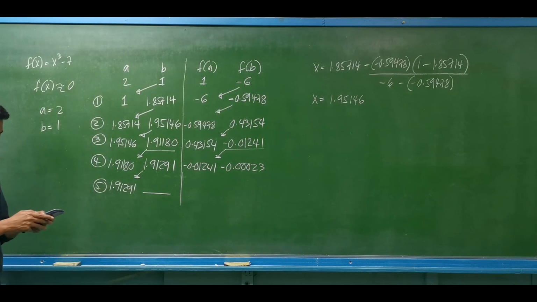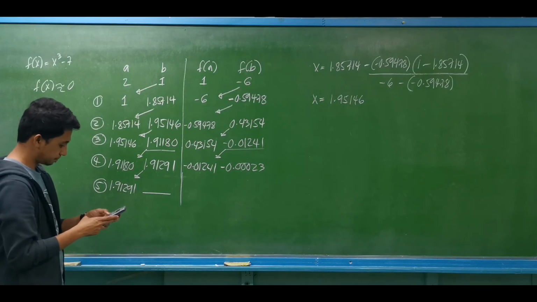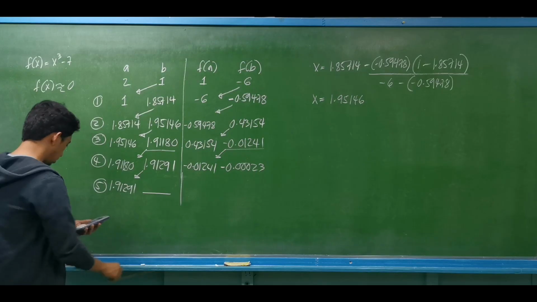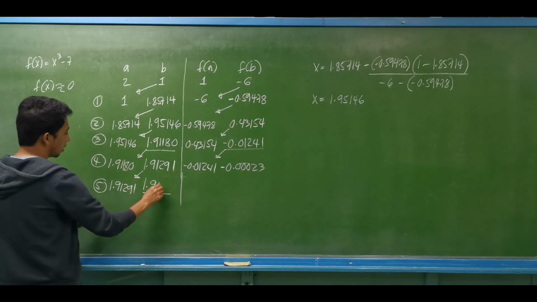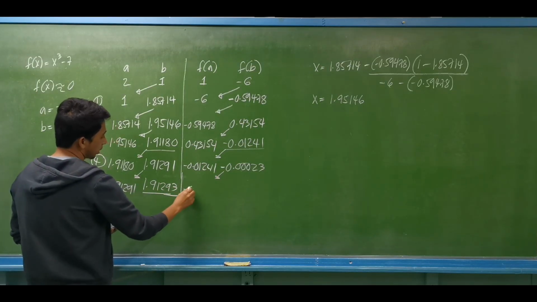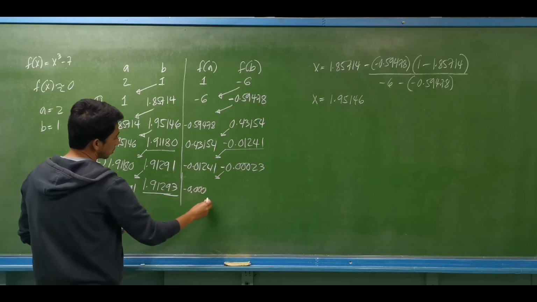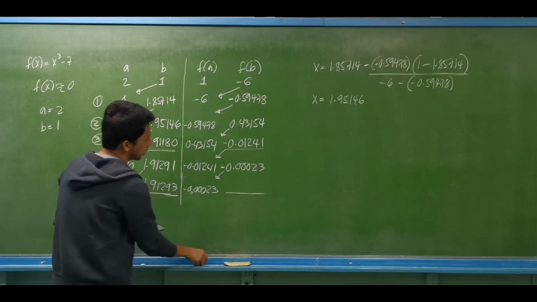So we have the next value of b, which is now equal to 1.91293. So copying this value, f of b is now negative 0.00023.